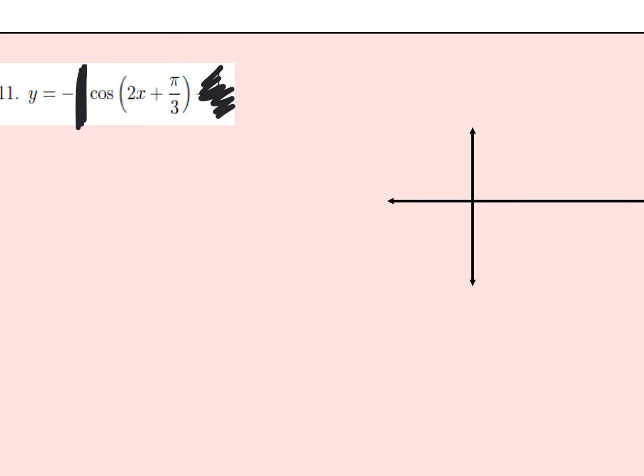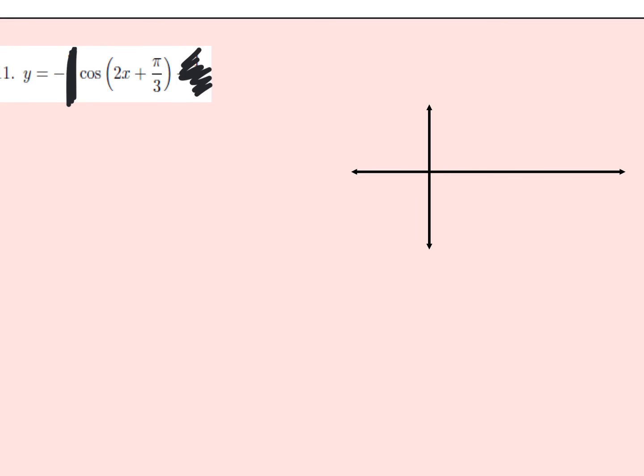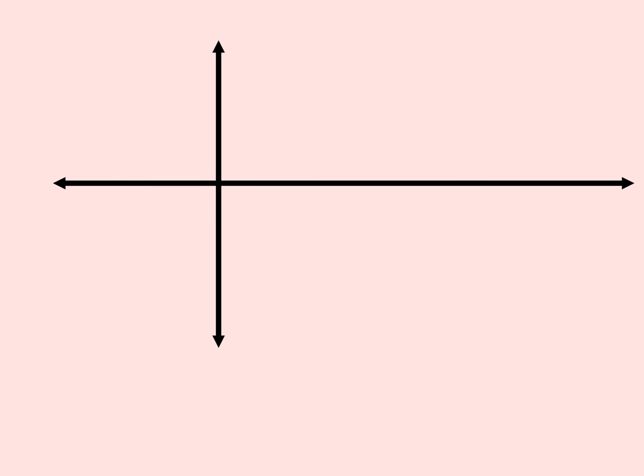We are going to leave it negative. But this has 3 changes instead of 5, which is ludicrous. So everybody right now, try number 11. Act like it's a test question. See if you can do it. I'll pause for a sec and give that a try.